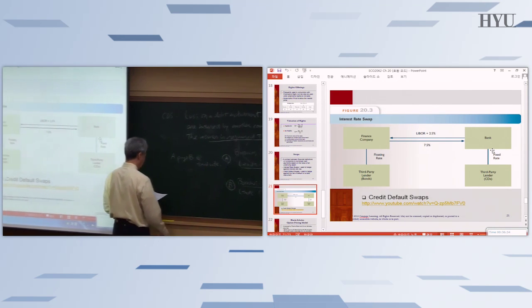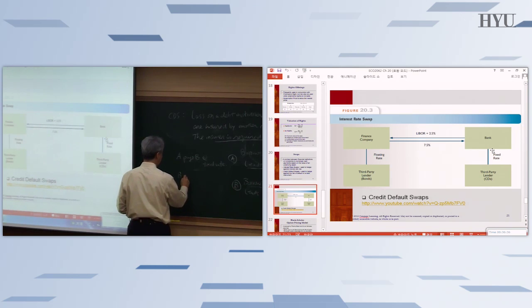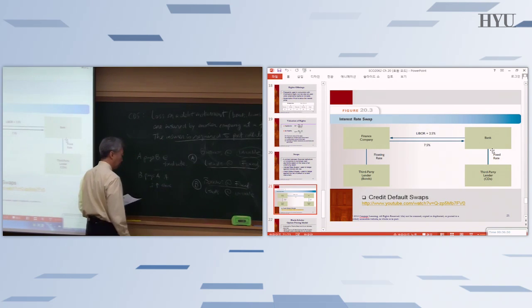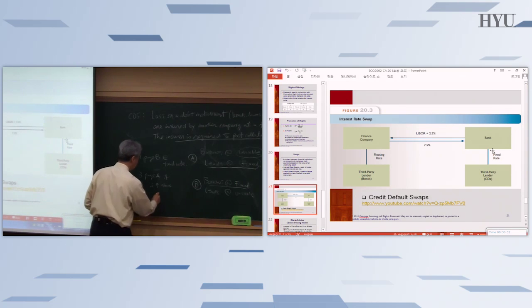And B pays A if the interest rate rises above a certain rate.